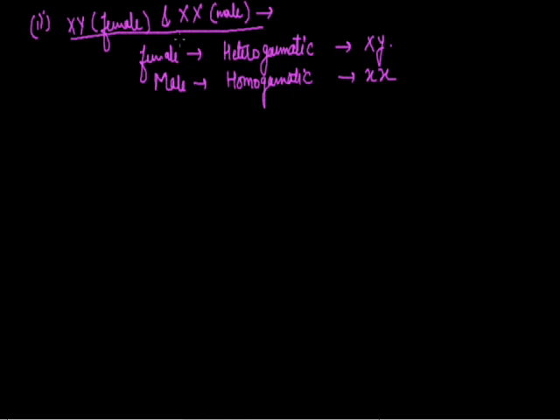This kind of sex determination is found in butterflies, reptiles, birds, fishes, etc. You can see how diversified life is. Butterflies contain XY female, XX male kind of sex determination, while in Lygaeus insects and other insects also, XX is female and XY is male.